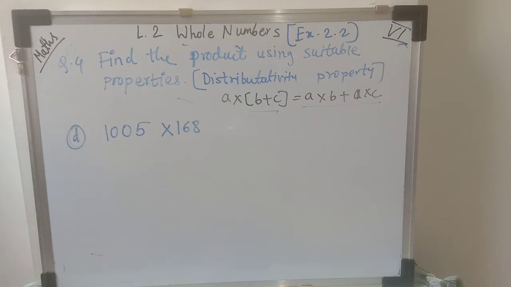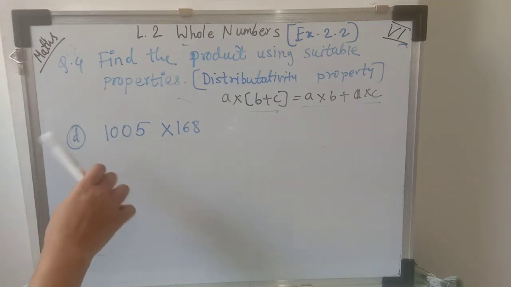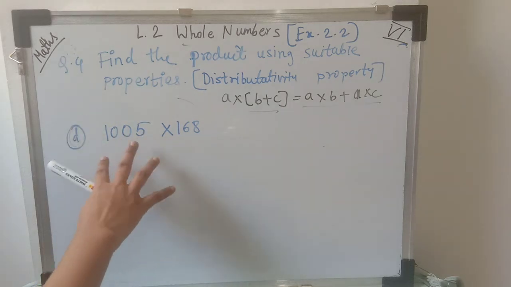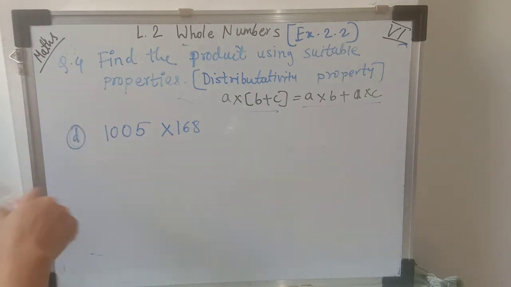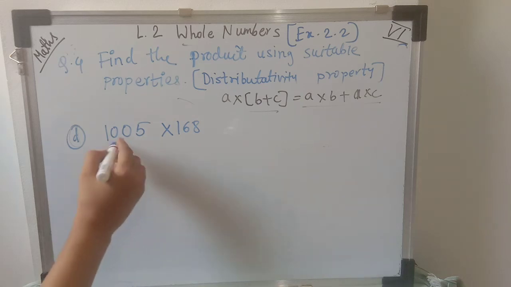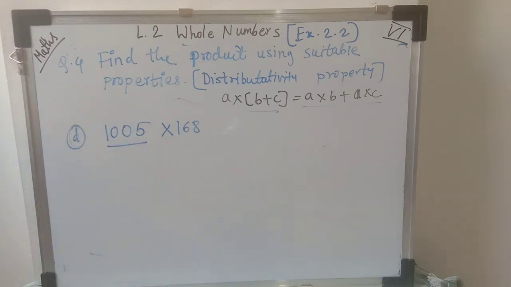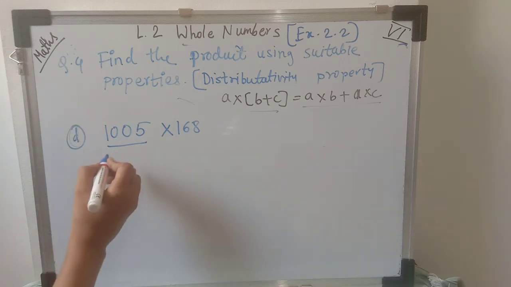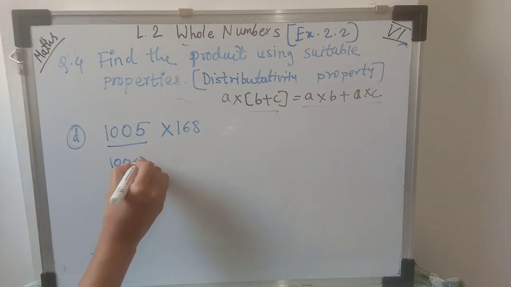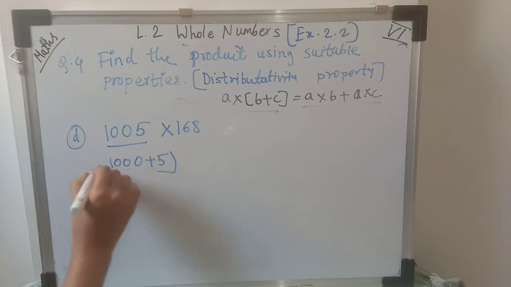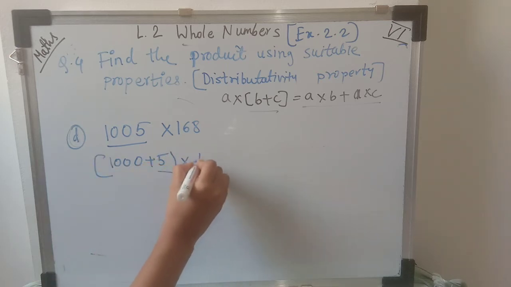Now D is 1005 multiplied by 168. Okay, so here the places are changed, means in the previous example we have seen this type of numbers were on the second place. So here first place is 1005. So what we have to do, same method we have to do here, if their places are also different, doesn't matter. So 1000 plus 5 multiply 168.